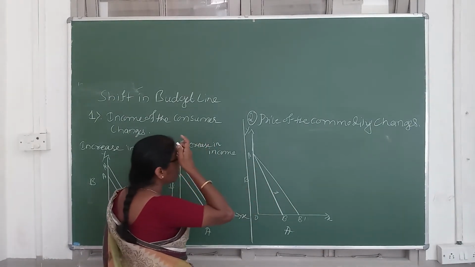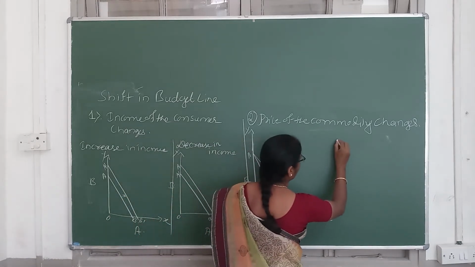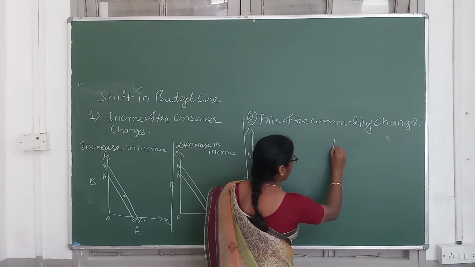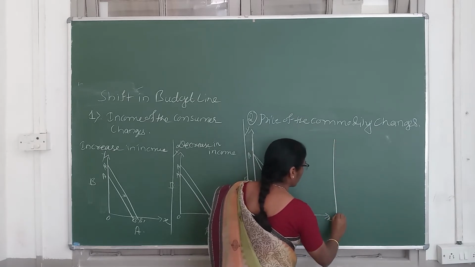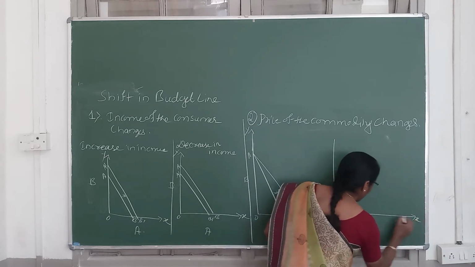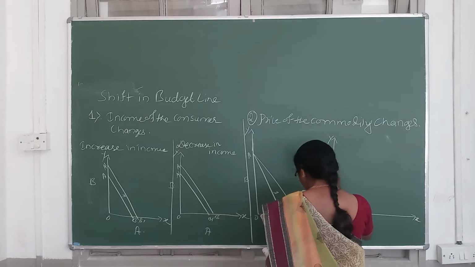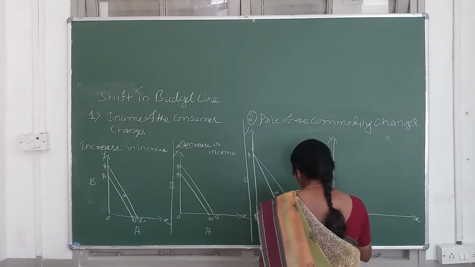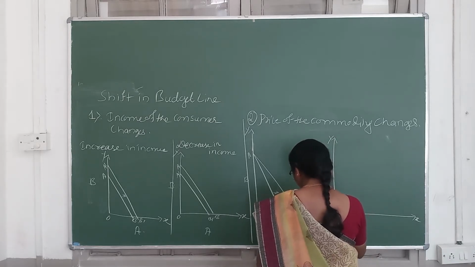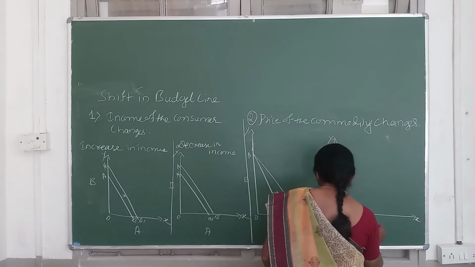Suppose what happens when the price of banana changes? This is X, this is Y, here banana is measured and here apple.